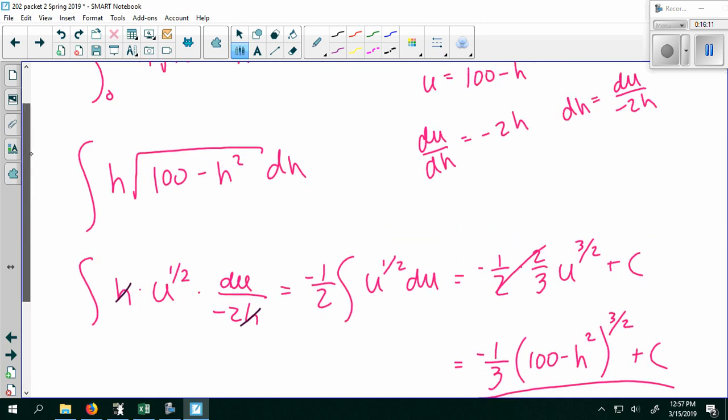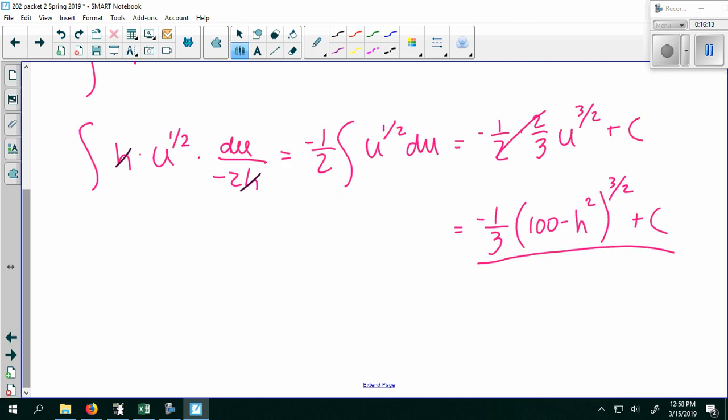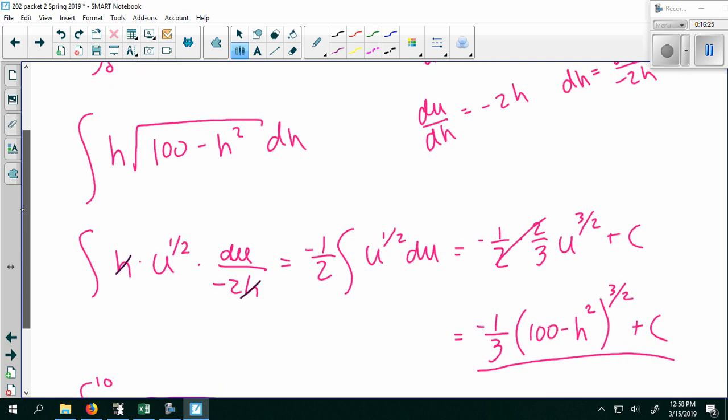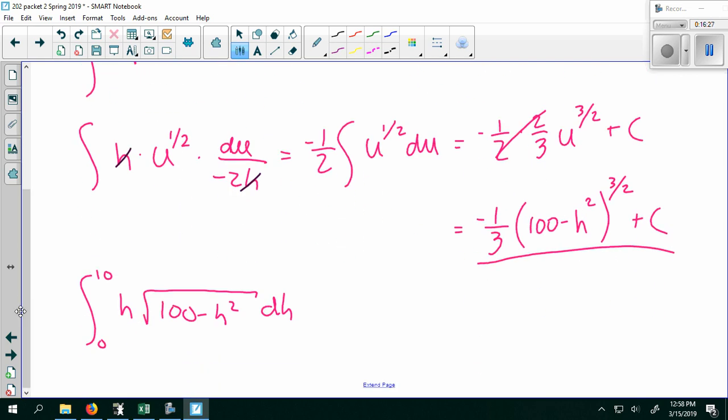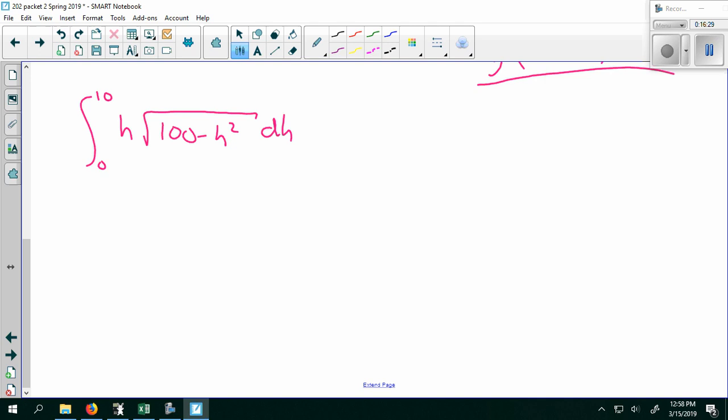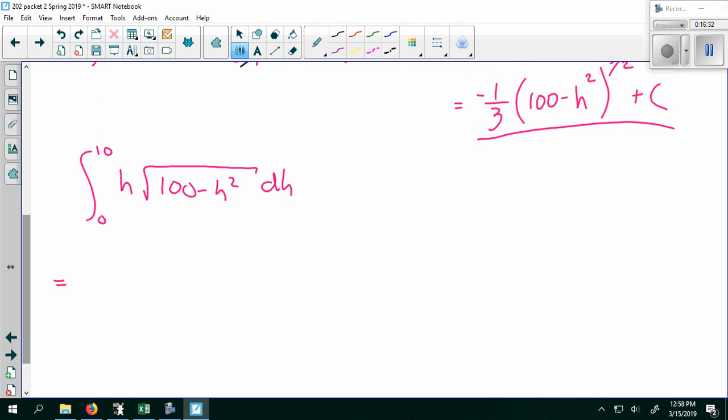So I wanted to integrate from 0 to 10. Okay, that was my original integral that I'm trying to evaluate. I now know its antiderivative. So this is going to be negative 1/3 times 100 minus h squared to the 3/2 evaluated from 0 to 10.